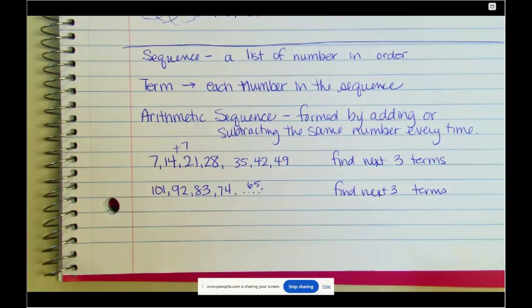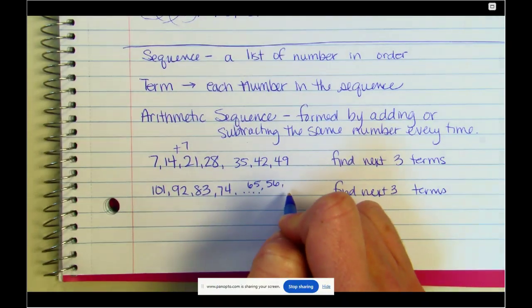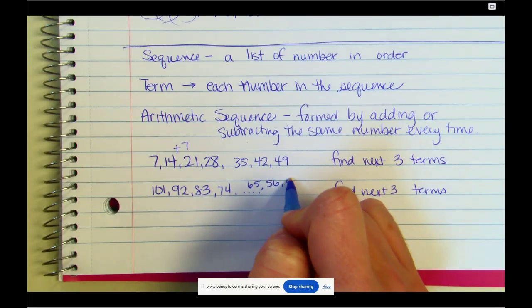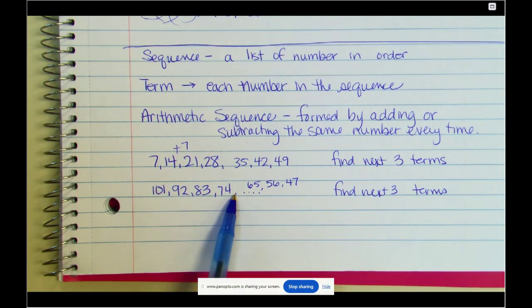Yep. Next one? Yep. Last one? 47. So, you guys, if you're not sure, you know it's going down, right?